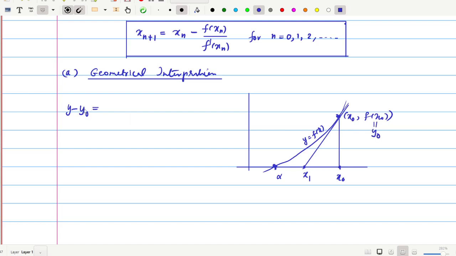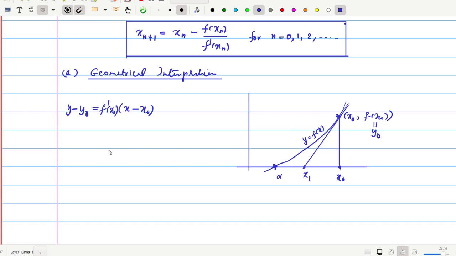Then the equation of the line will be y minus y naught equals slope into x minus x naught. What is the slope? The slope is the derivative of f at this point, so f dash of x naught is the slope of the tangent at this point.